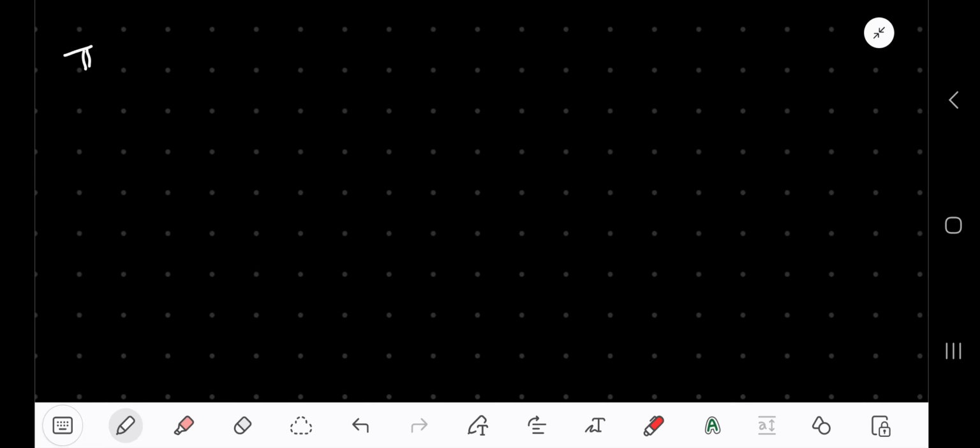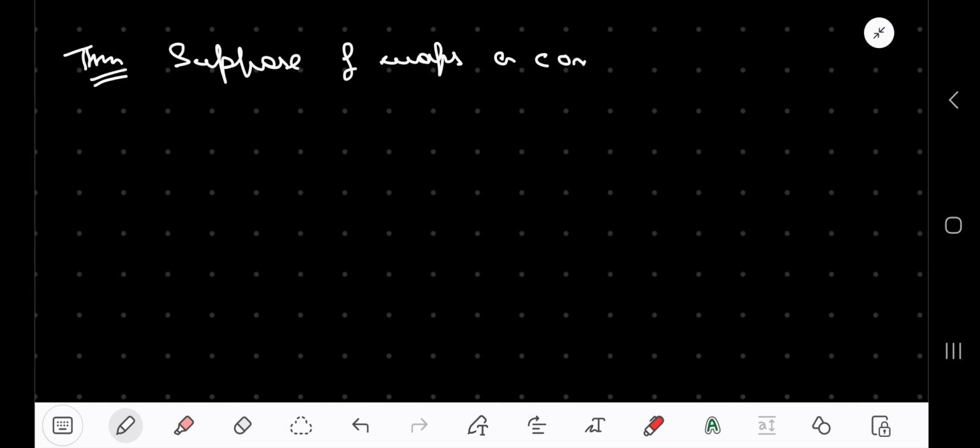So here's a very important property which I am stating as a theorem: suppose f maps a convex set. So I guess you know what a convex set is.